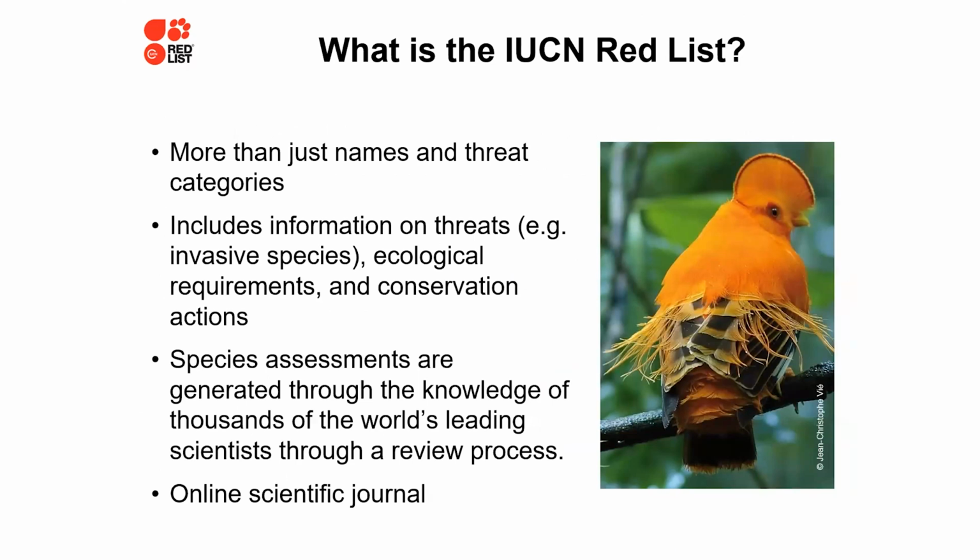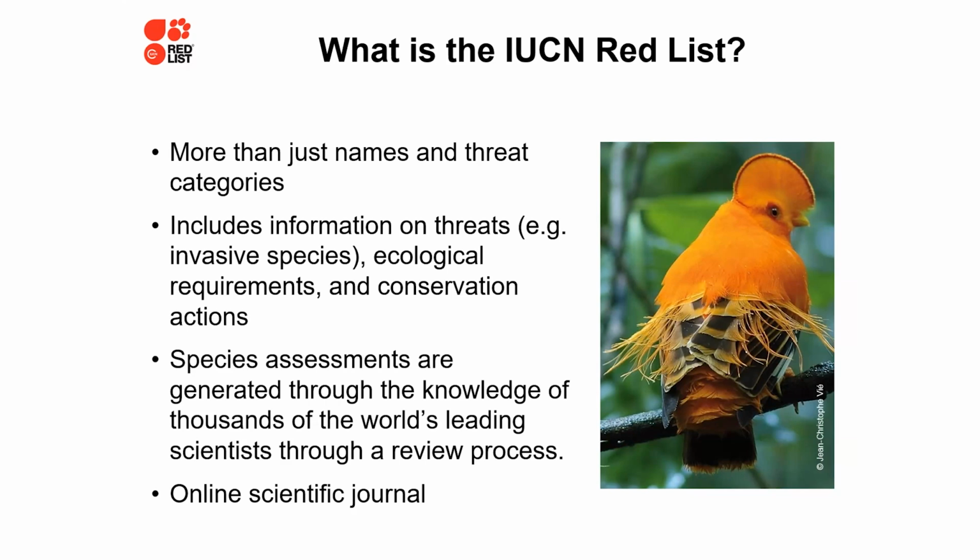So the IUCN Red List is more than just a list of names and codes. Each assessment includes useful information such as population size and trends, the distribution where the species occurs, its ecology or habitat preference, whether the species is used by people, and the threats, along with current and future recommended conservation measures and research actions.